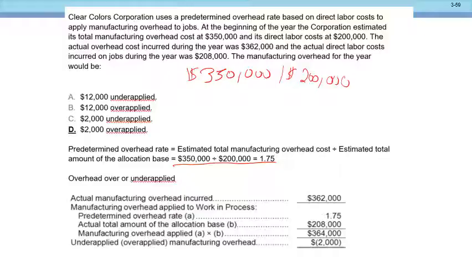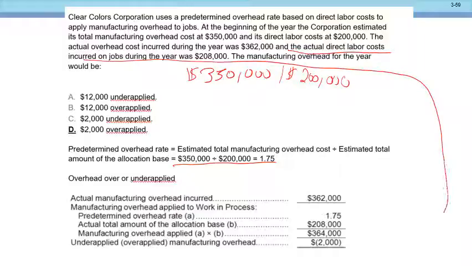Okay, so we sit here and we use this $1.75. We pick up now, and that's really the only difference, our actual direct labor dollars for the period, which is what? The 208 is the actual. There it is.